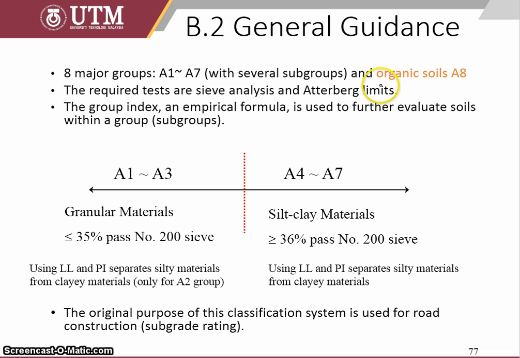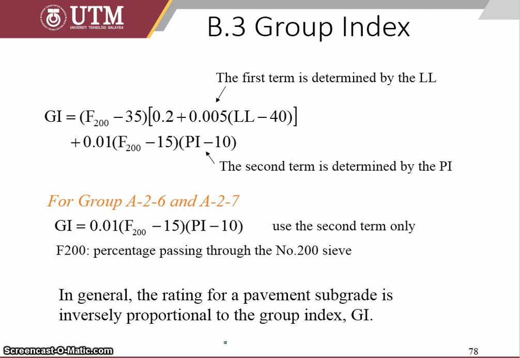So in this H2, we have 8 major groups, which is A1 up to A7, and also organic soil for A8. Similarly, we will use sieve analysis results and also the Atterberg limits results to classify the soil. Initially, this classification system for soil is used for road construction, and they also have a new term, which is the group index.